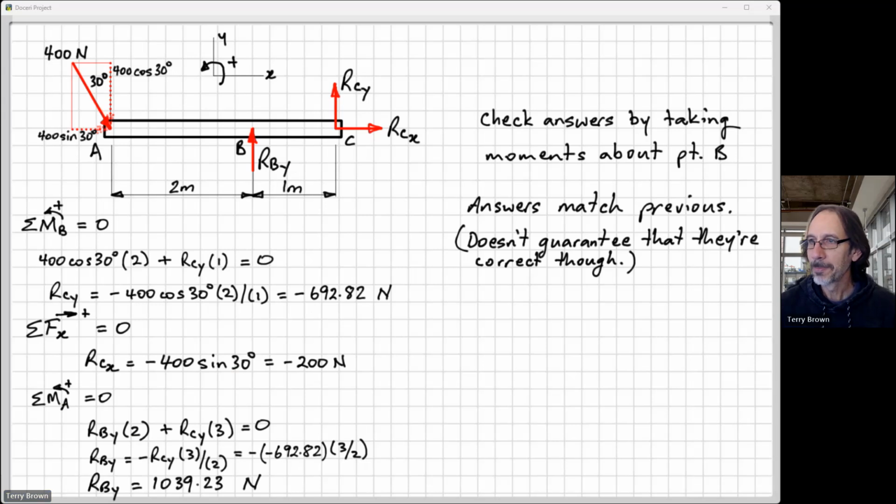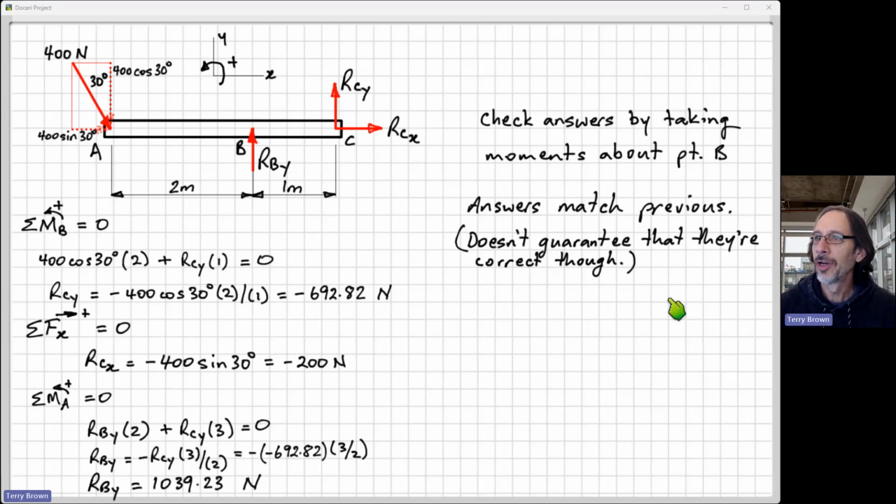But it's better than doing nothing, and it makes you think about the problem again. And even if you happen to get something wrong in here, you might go back and look at your free body diagram and say, oh, actually I got the free body diagram wrong. So just make sure that you do some checks and think about your solutions.